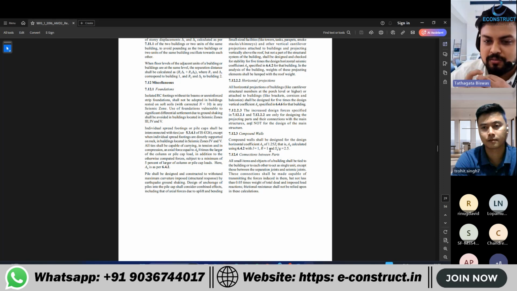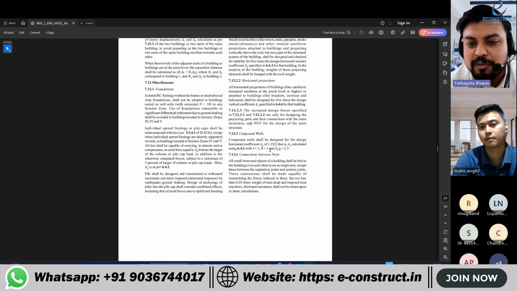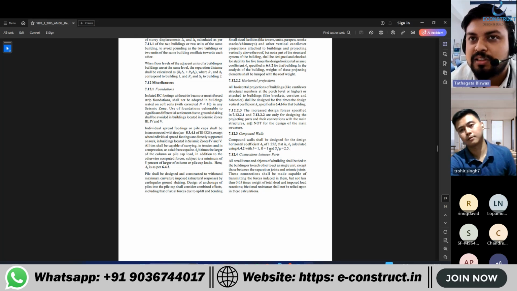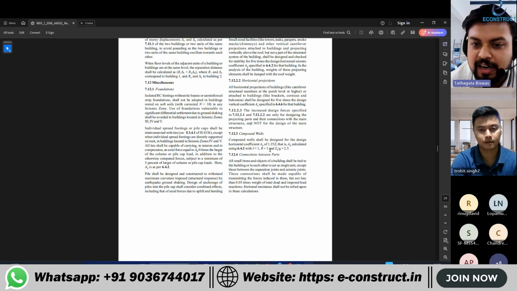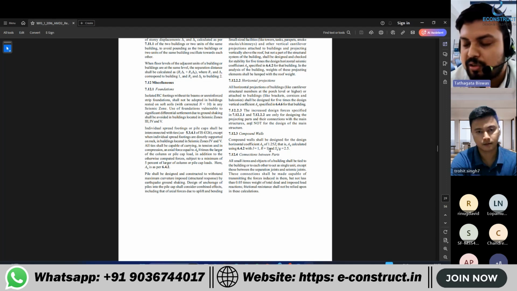Earthquake will also not be that predominant for a boundary wall because the height itself is not too much. So you take it as fully brittle, or consider full forces. That's why they have made R equal to 1, so there is no reduction.